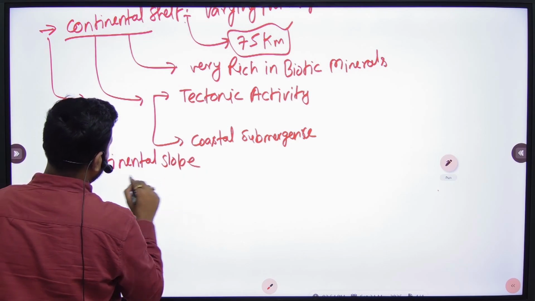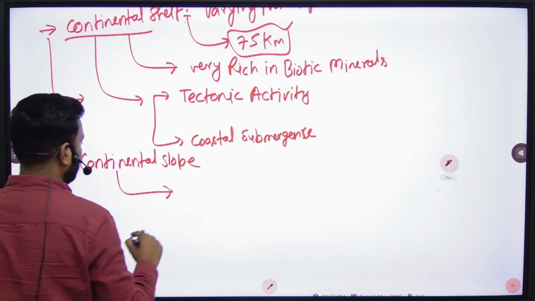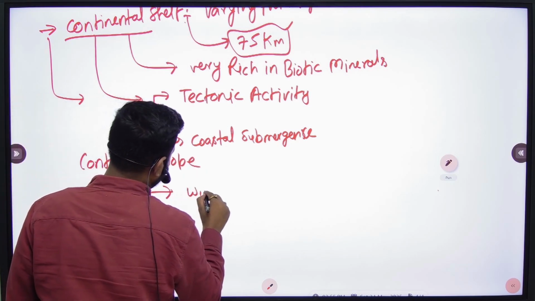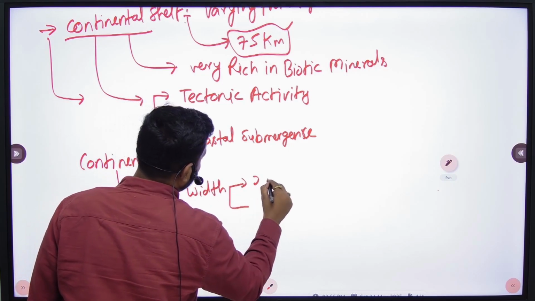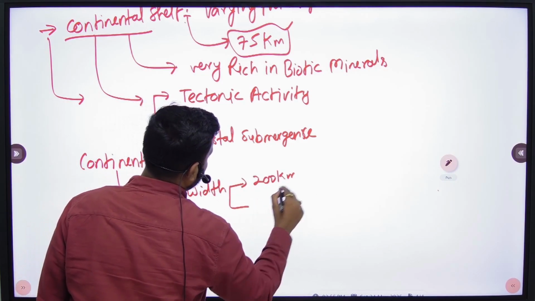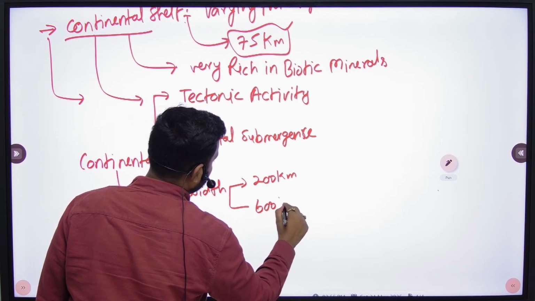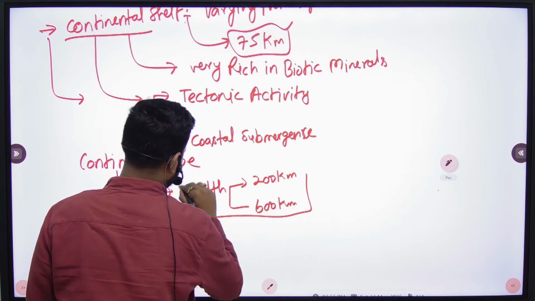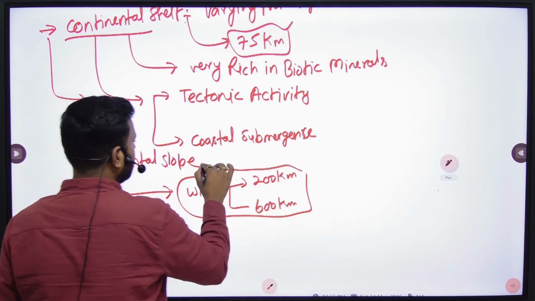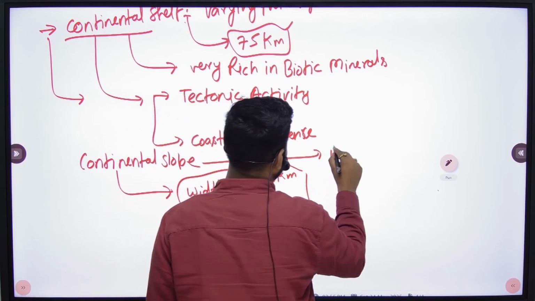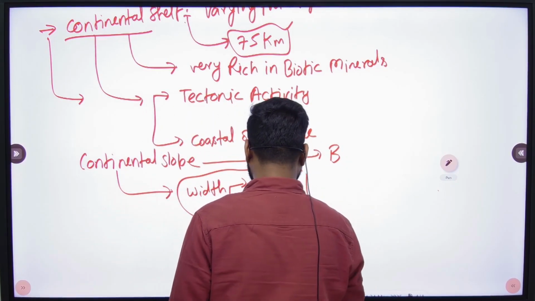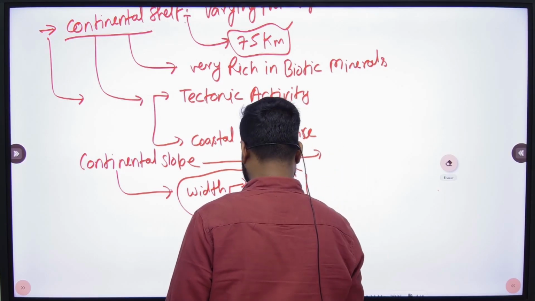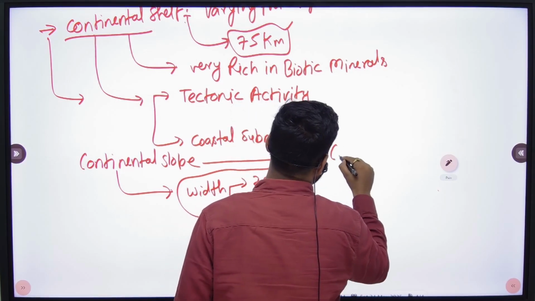The continental slope of the Indian Ocean also varies in width. It varies between 200 km to 600 km. And the continental slope has some features like basins or canyons.